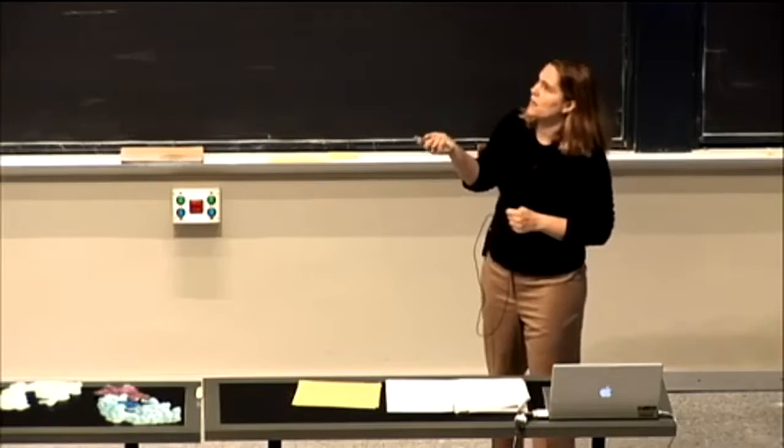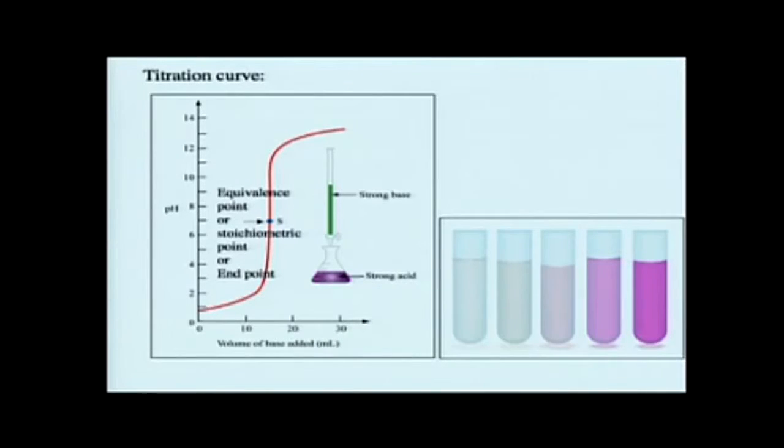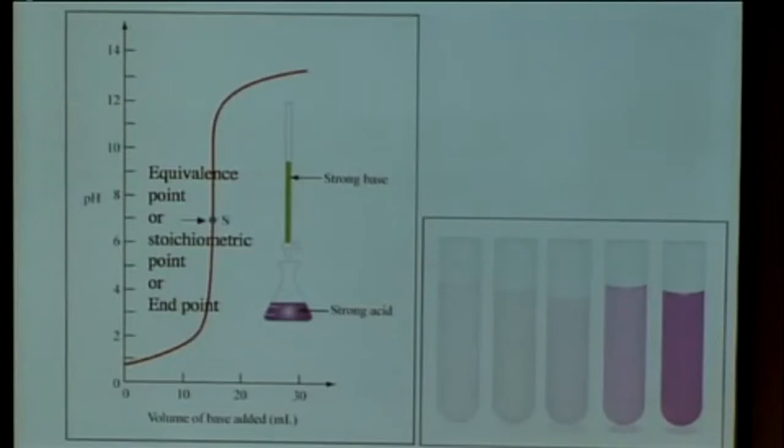So many times you will measure pH with a pH meter. This just shows a pH meter. And for those of you who have done these experiments, this should look familiar. And for those of you who haven't, often when you're dripping something in, you're waiting for an indicator dye to change color as an indication that you have reached the end point.